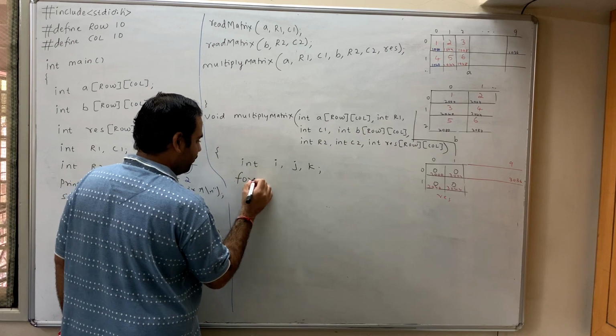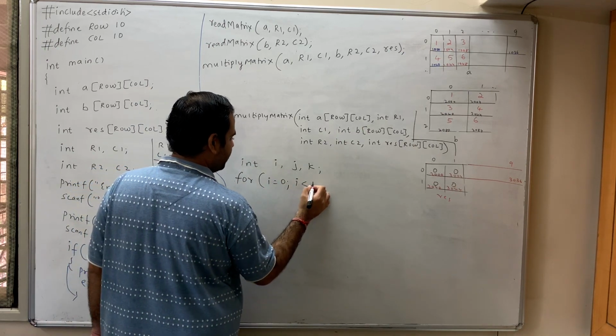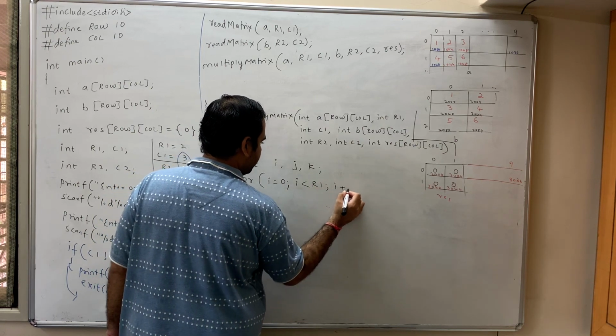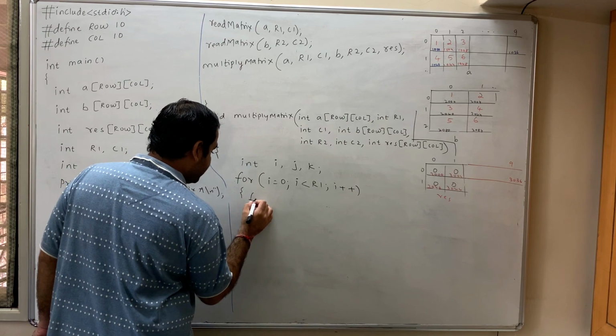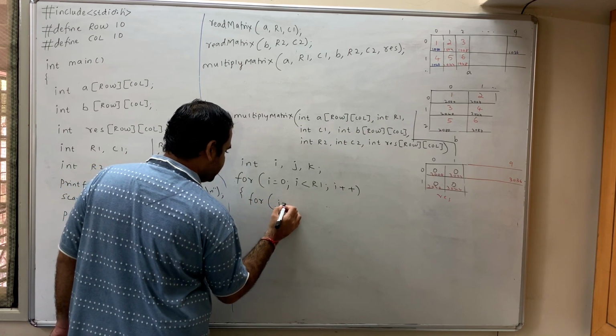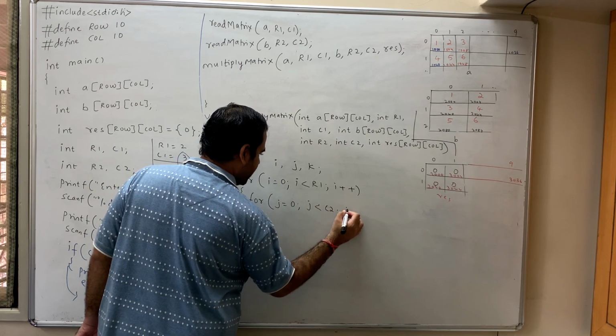We say for, we take each row of matrix 1. Hence we say i less than R1, i plus plus, each row of matrix 1. Then we take each column of matrix 2. j is 0, j is less than C2, j plus plus.